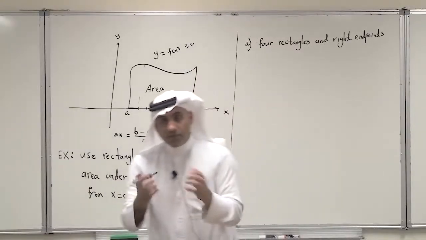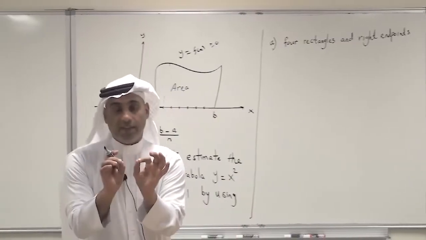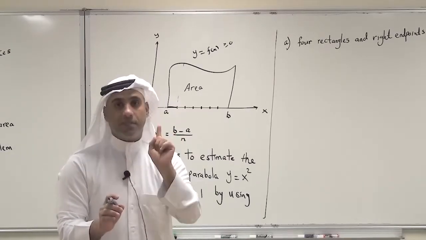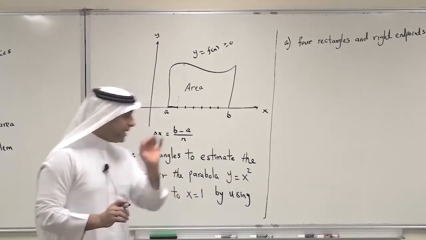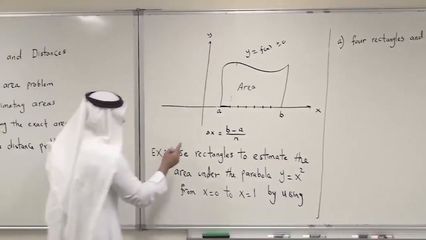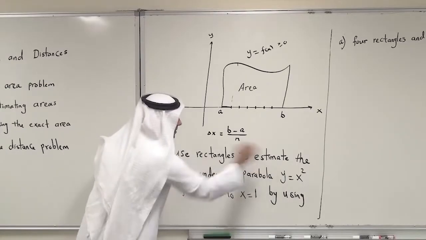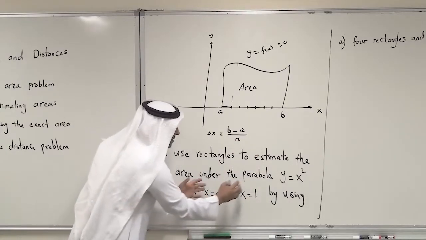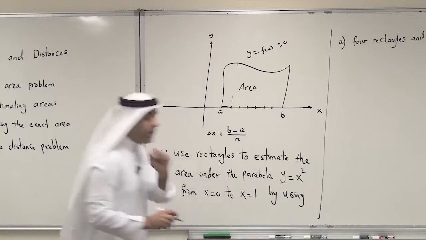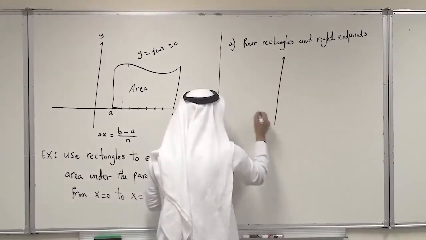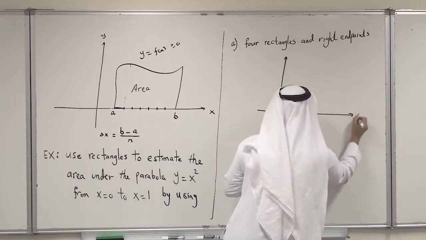Now in the first example, we will try to motivate how to find the exact area, but through an approximation process first. The statement of the question says: use rectangles to estimate the area under the parabola y equal to x squared from x equal to 0 to x equal to 1. Now what is the problem we have here? Here is the graph, this is the y-axis and this is the x-axis as usual.